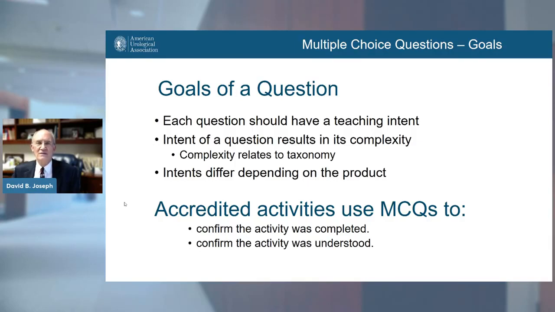And it also differs between questions within a set activity. For the most part, the accredited activities that you're going to be writing questions for the AUA are going to be done so to confirm that the activity was actually completed by the learner and to confirm that the activity was understood.